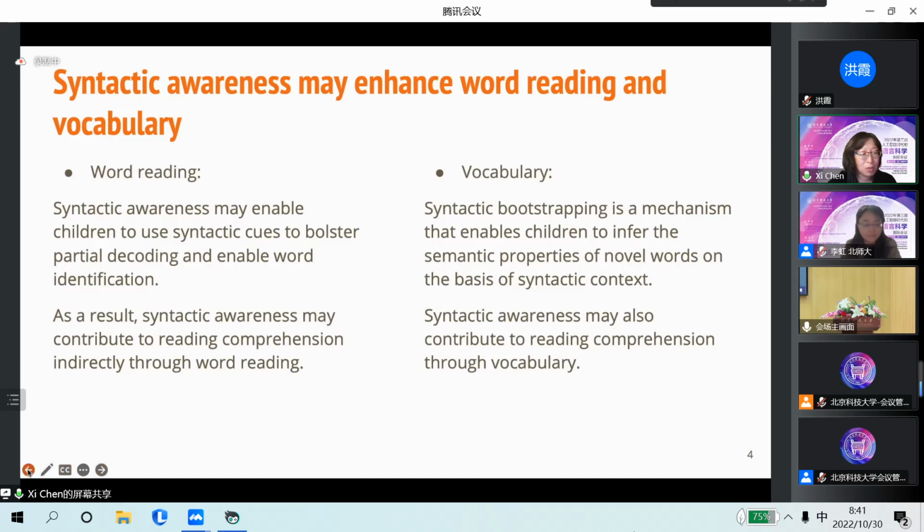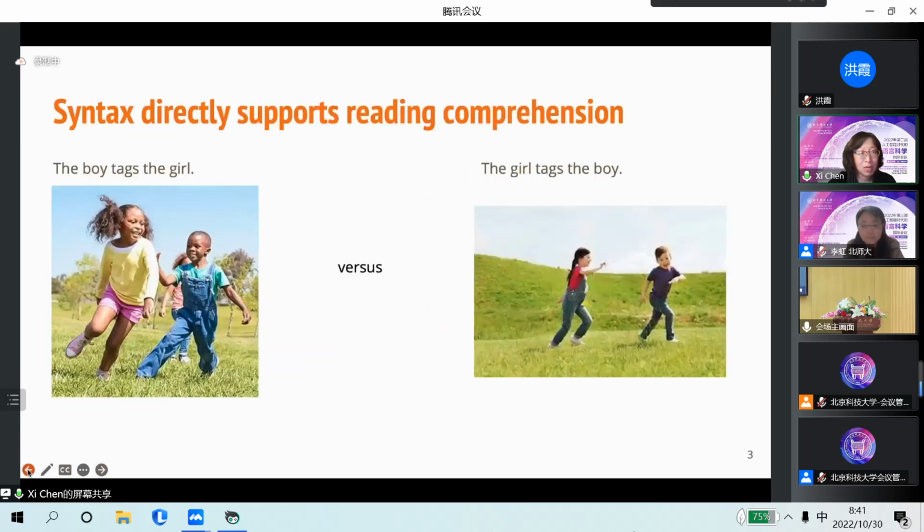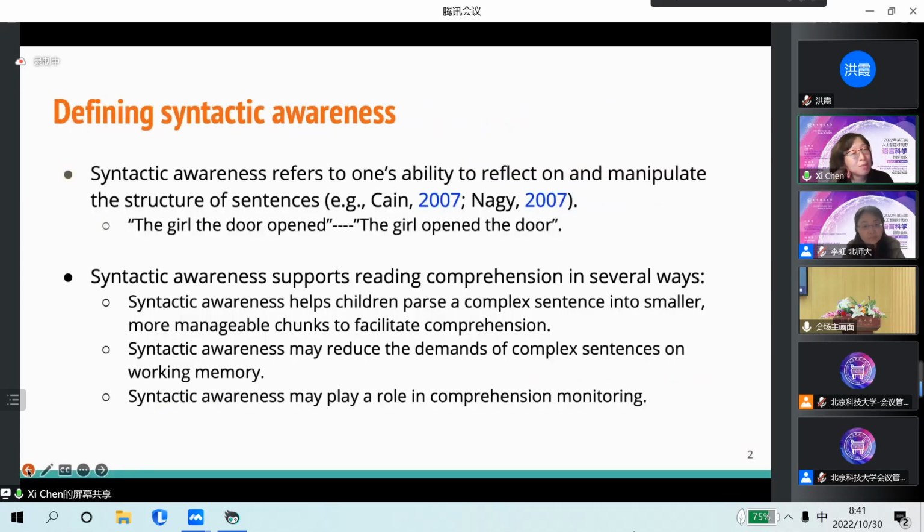So I'm going to backtrack just quickly. There might be three ways that syntactic awareness supports reading comprehension. It may support reading comprehension directly, through parsing, by reducing the demands on working memory, and by allowing children to monitor their own comprehension.